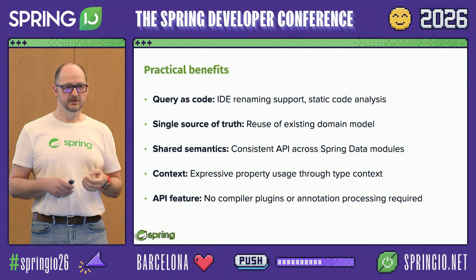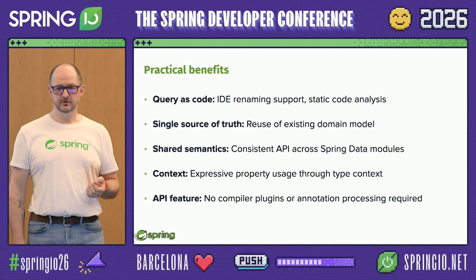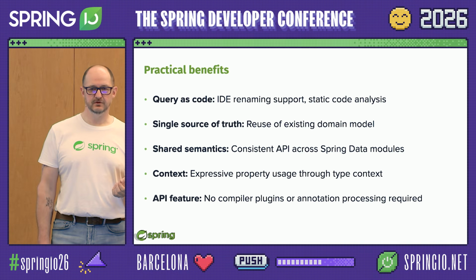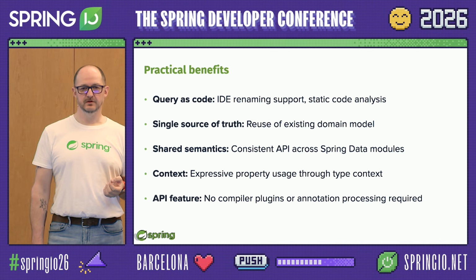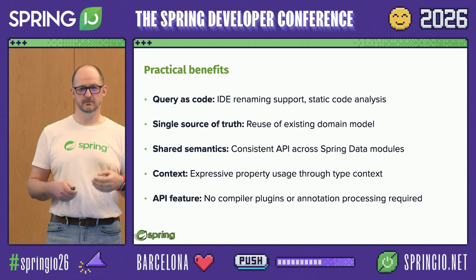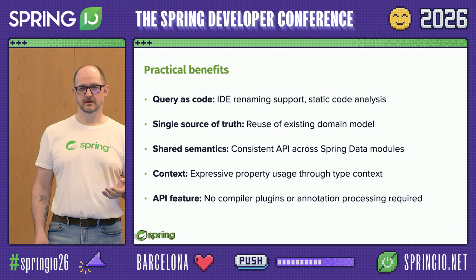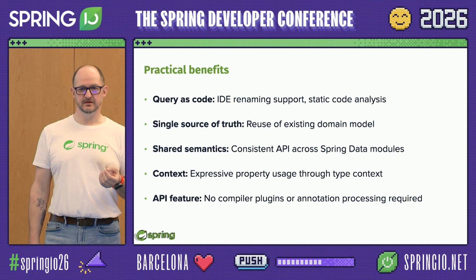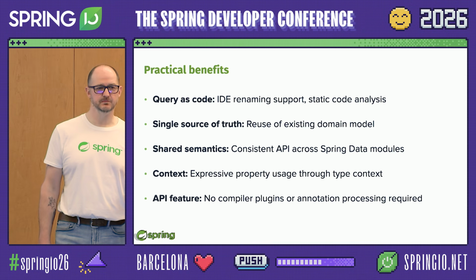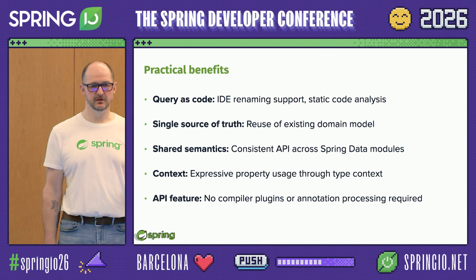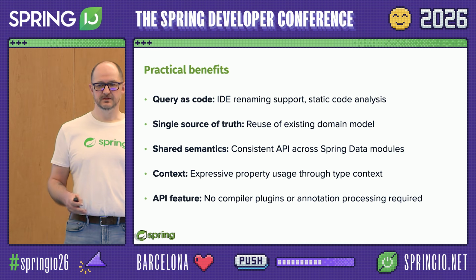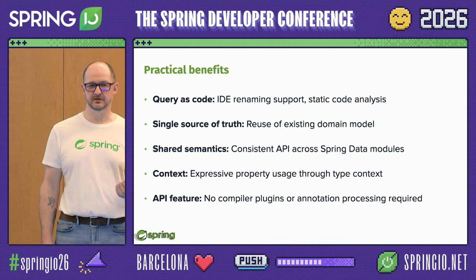And that makes Spring Data an ideal point for integrating such a feature, because we have many modules that do something with data, that host a query or even update API, where you can express property references, and all of these can benefit from typed property paths immediately.